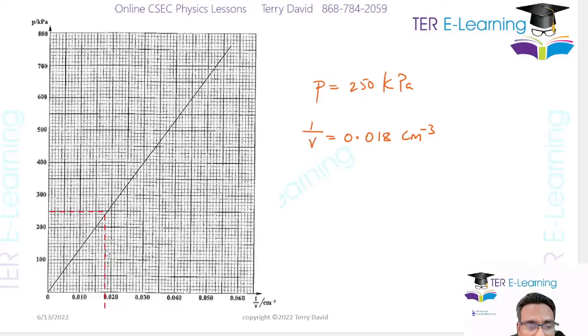Or is it 0.19? Hold on. I hardly see any graph here. Actually, looking closer, maybe 9 instead. Yeah, I feel it's closer to 9. So this is what I'm getting for my 1 over V.